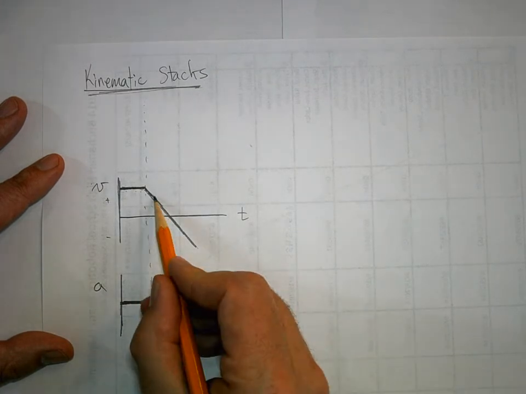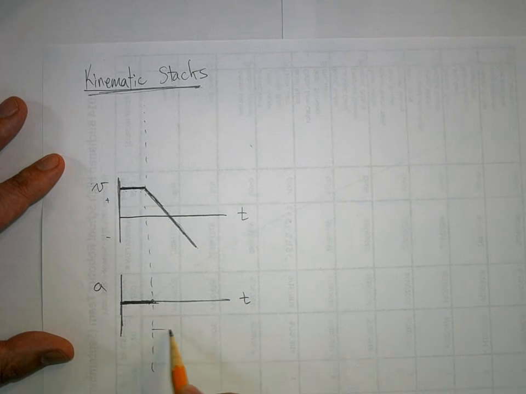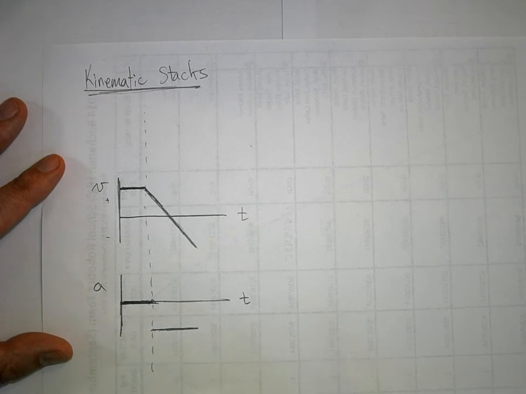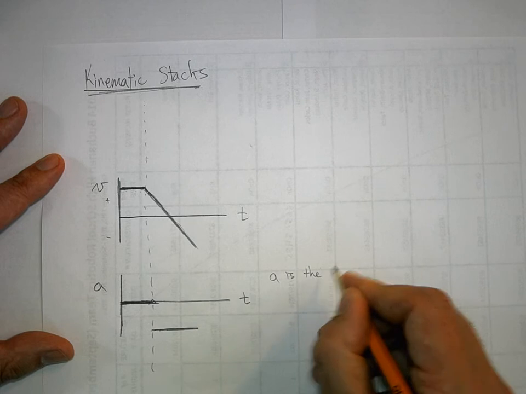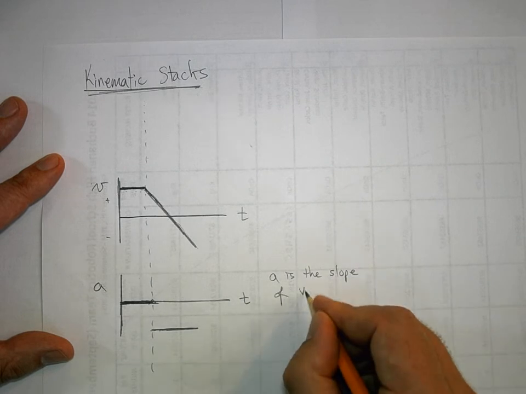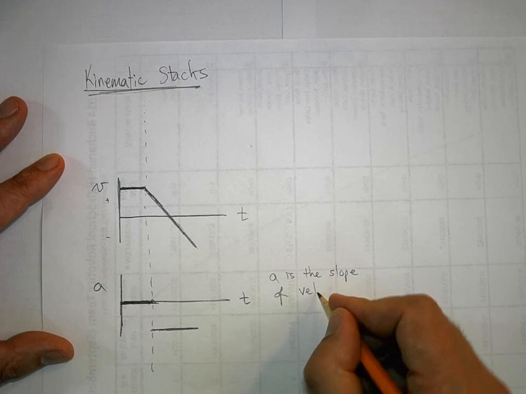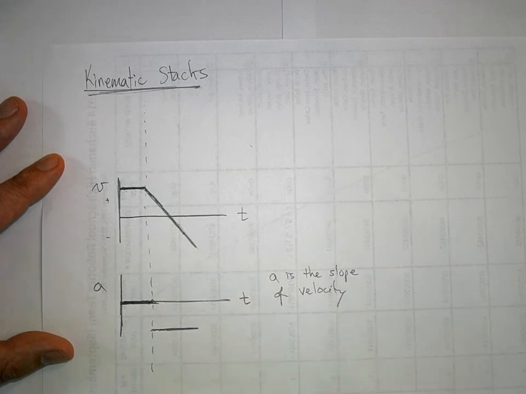And since here the slope of this is constant but negative, our acceleration is negative. So that's what the acceleration looks like. Because acceleration is the slope of velocity. Okay.